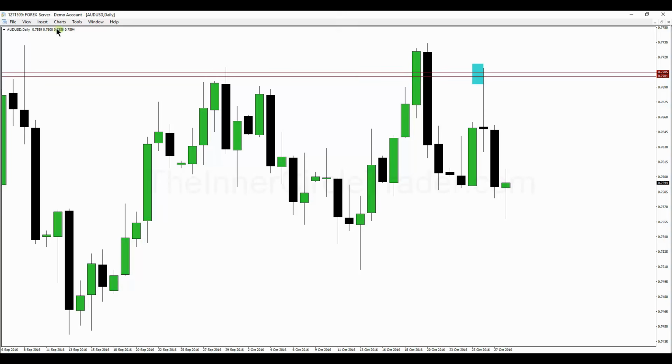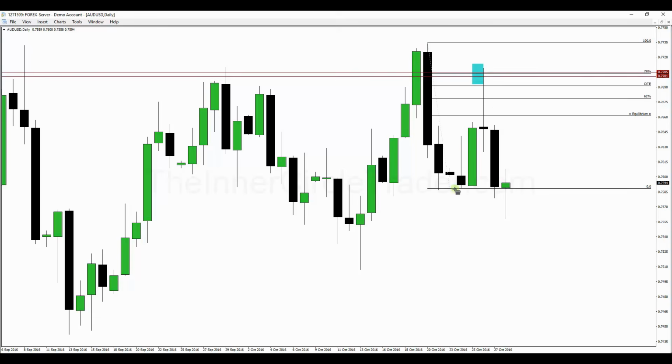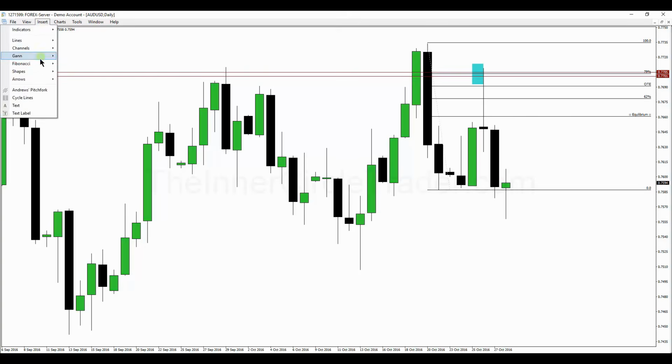And we also have, if we take our fib and we draw it from the high down to the low right here, which is right before this price swing up, we can clearly see that we are in an area of distribution.